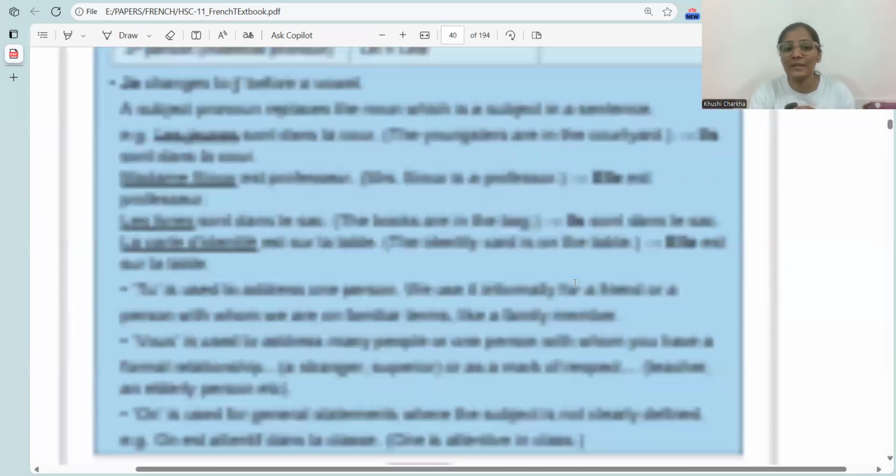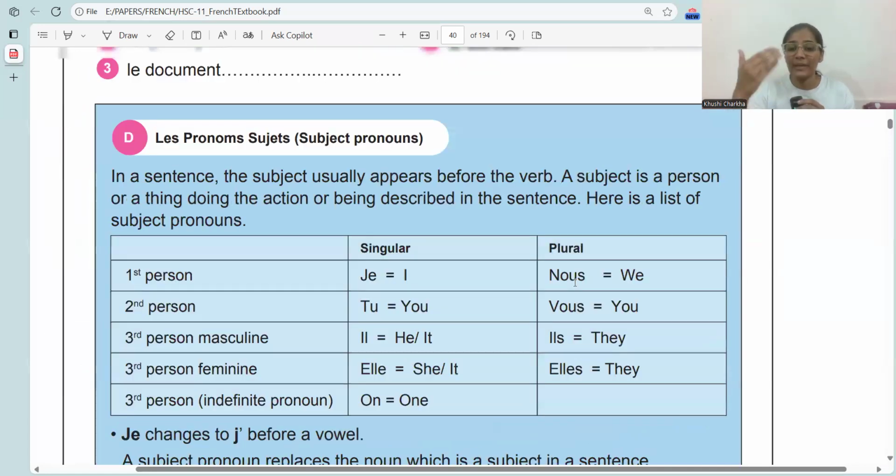I hope this topic is clear. I'll repeat this once again. Je means I, tu means you, il means he or masculine it, elle means she or feminine it, on means one. Now moving on to this plural part, we have nous means we, vous means you, ils means they masculine, elles means they feminine.